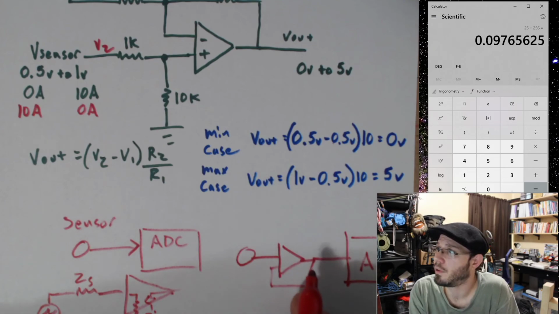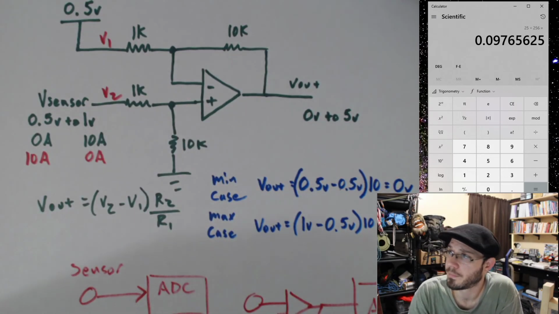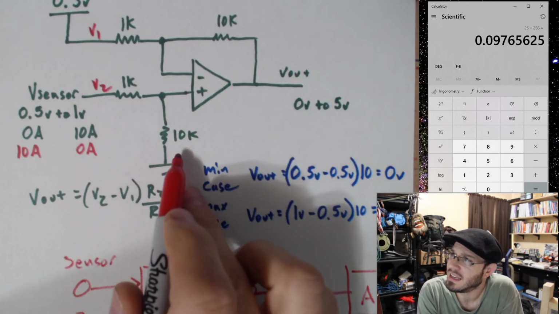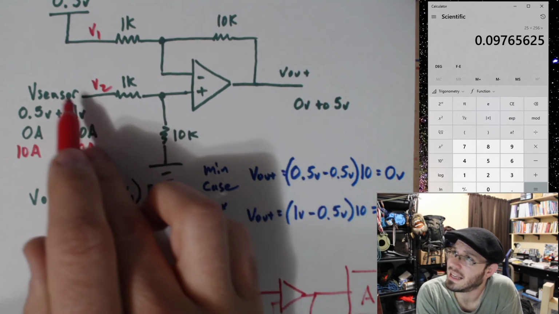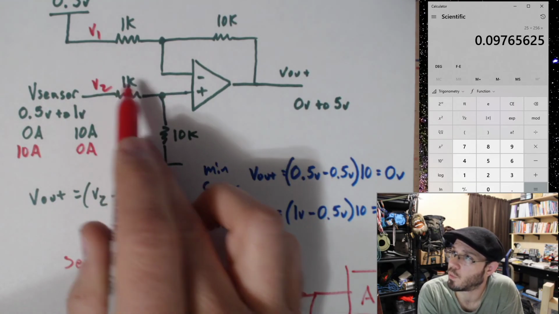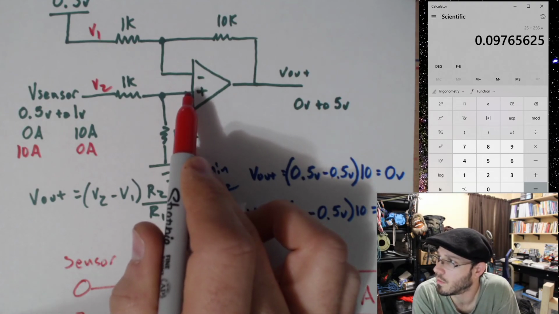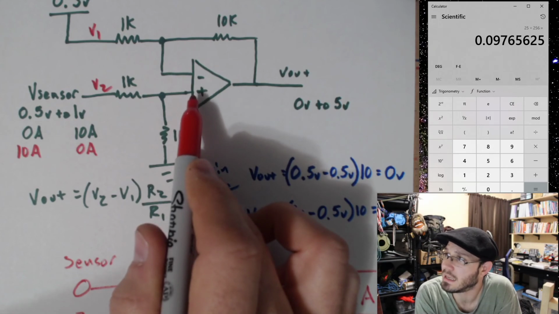I can feed the output from this op amp directly to the input over here. If you look at it, this is medium to high impedance. This is only 10K. Well, if you look at this here, we do have a pathway to ground of 1K and 10K, and assuming that this is 0 amps in or out of this input, this is pretty high impedance.